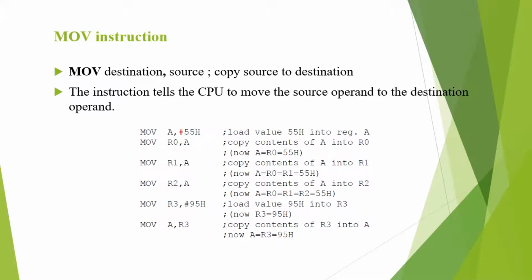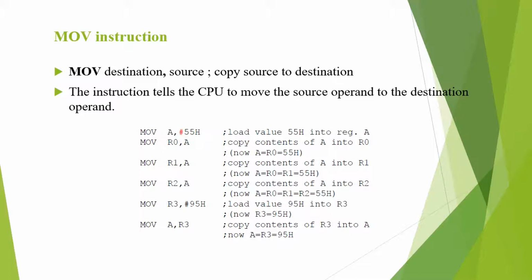Here the source value is copied to the destination, that is the value of the source is moved to the destination. So the instruction will tell the CPU to move the source operand to the destination operand. Let us see an example of code.